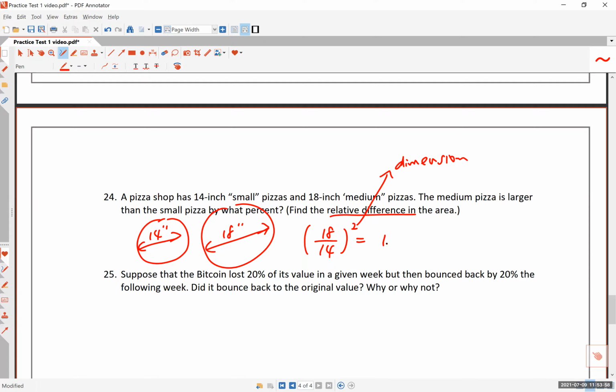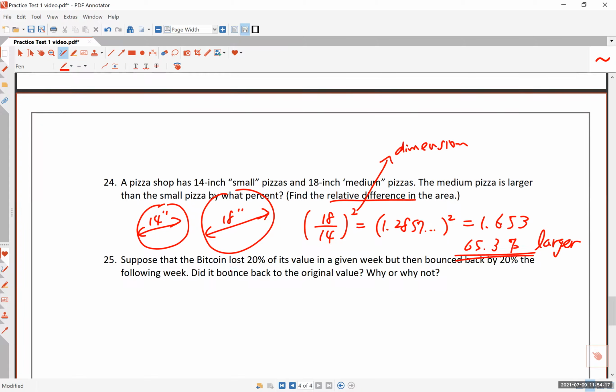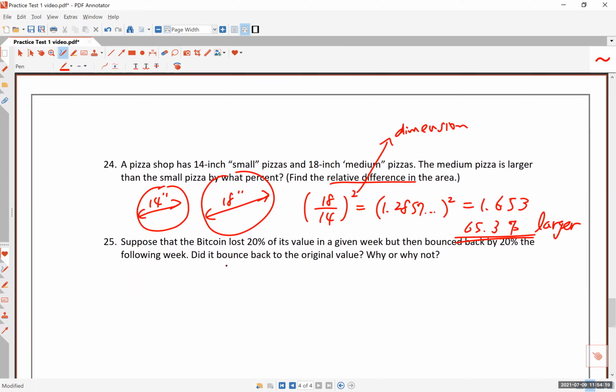Let me go ahead and write this down, 1.2852, and you have to square that, and that's going to give you 1.653 on your calculator. And this tells you that the medium pizza is 65.3% larger in area than the small pizza, even though the diameter is only 28.57% bigger.